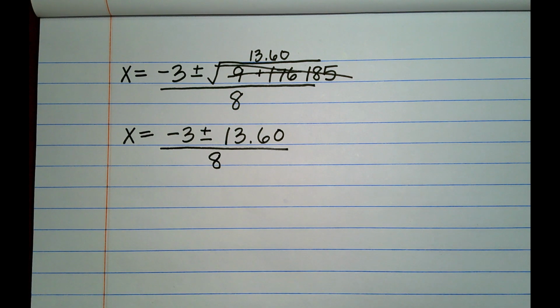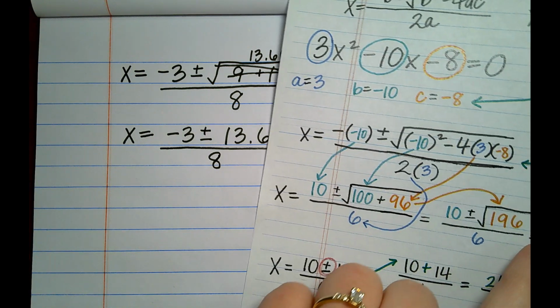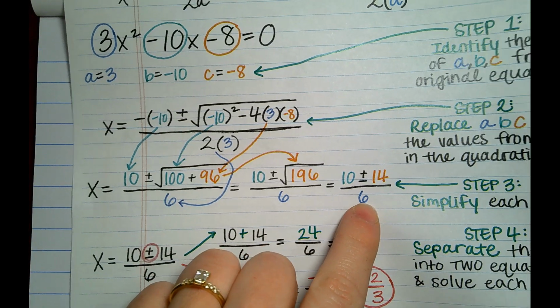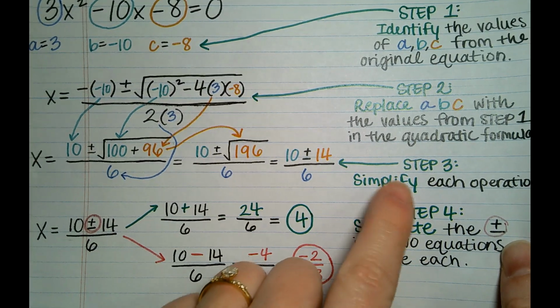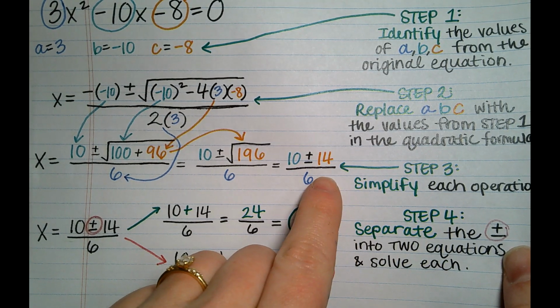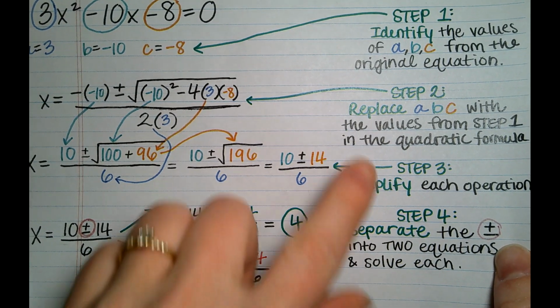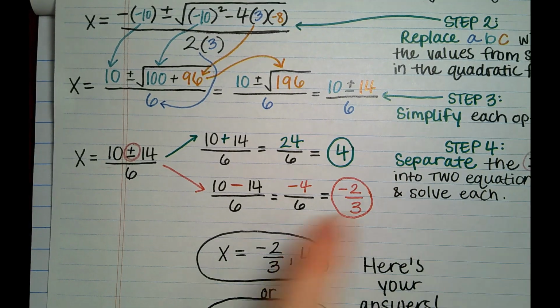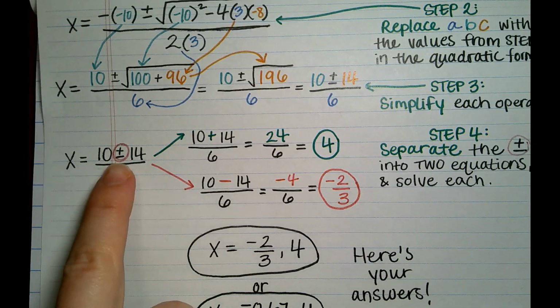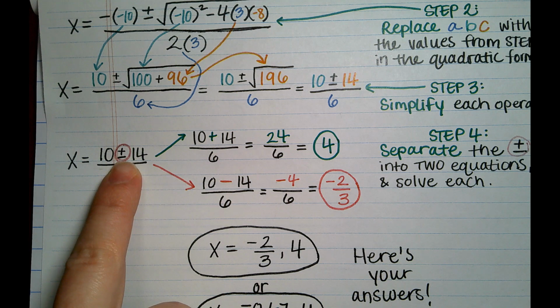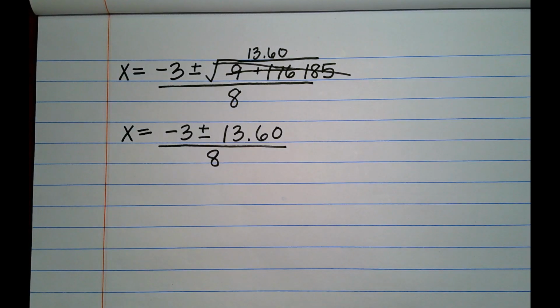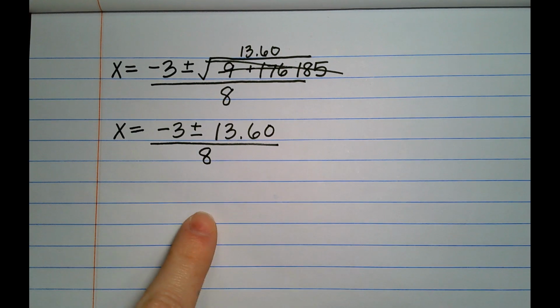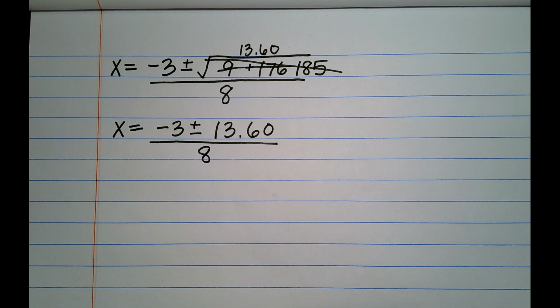And now you'll notice that we are to this point in our little cheat sheet. We've gotten to where we have simplified everything on our problem other than actually splitting the equation up. So now we separate the plus and the minus. Okay, so when I separate my plus and minus, we have two equations.